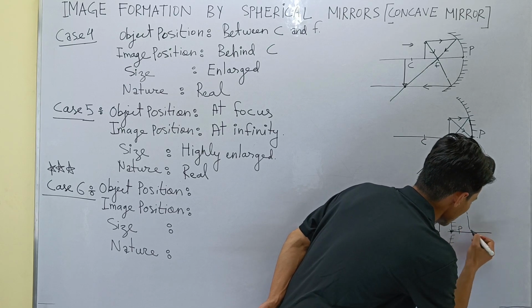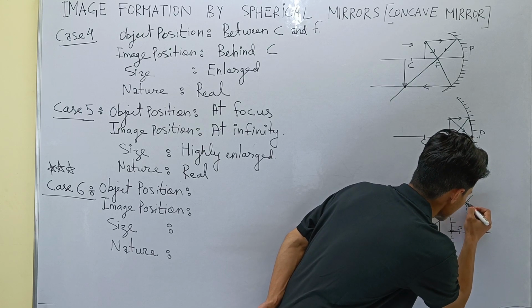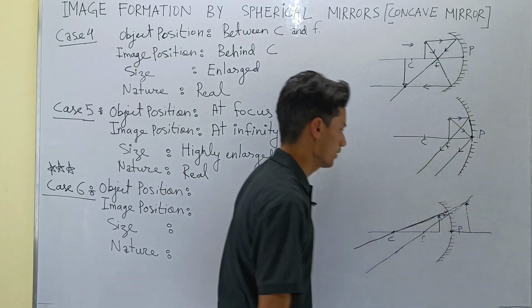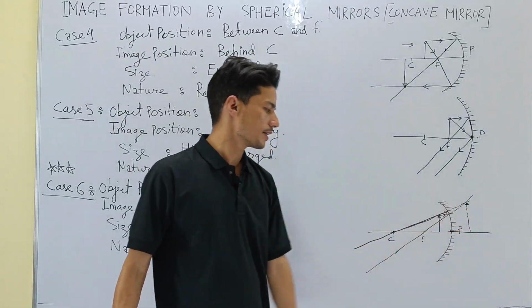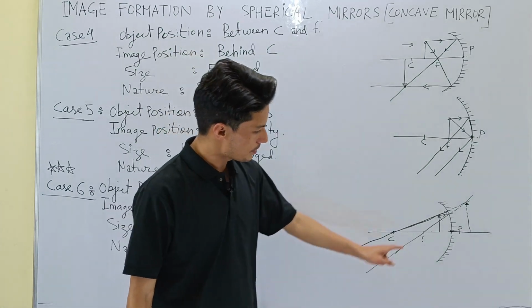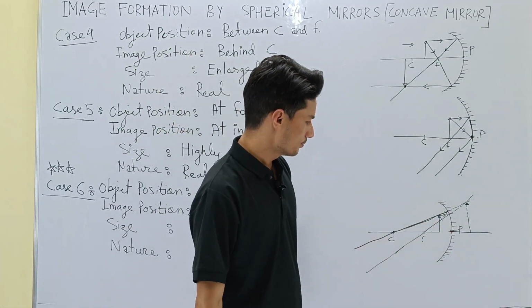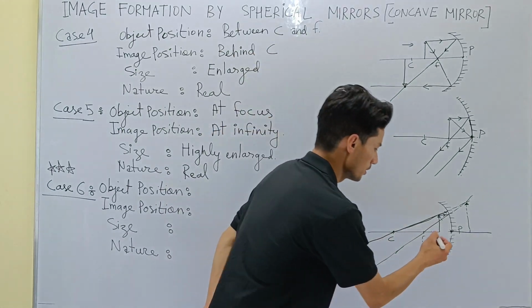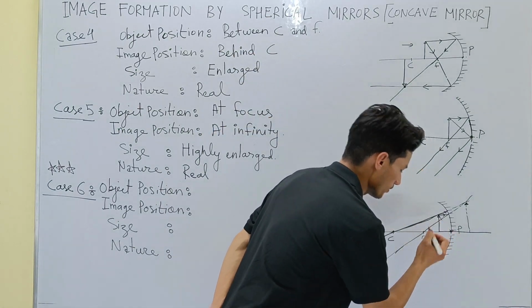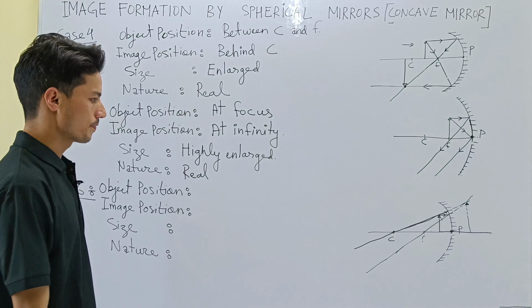We have to extend this one, and the image is formed here, behind the mirror. This is rule number 5, all right, rule number 5.